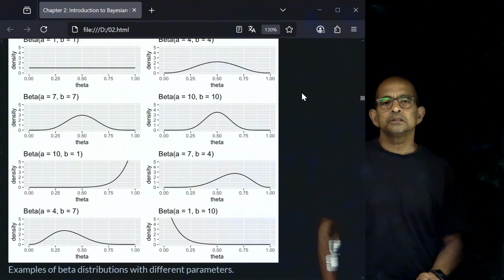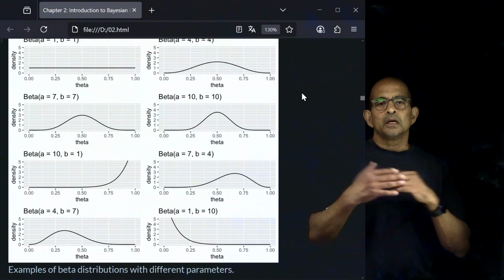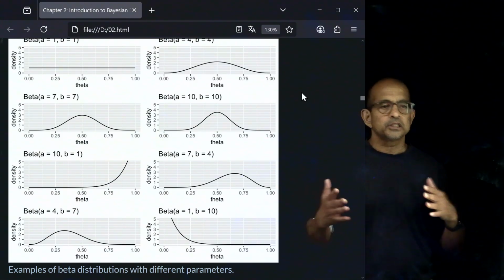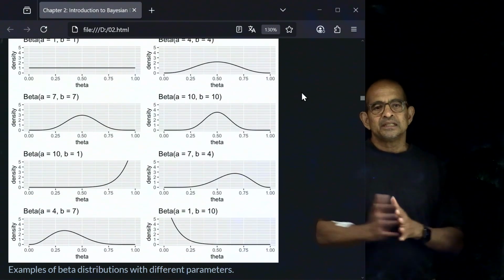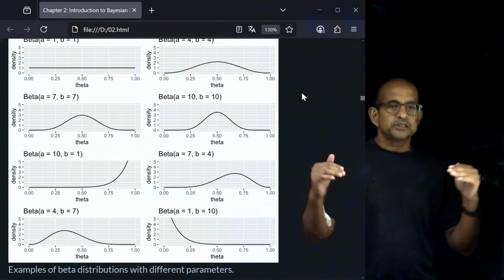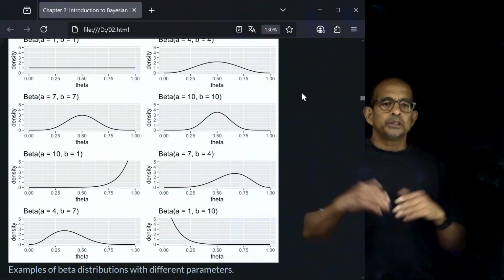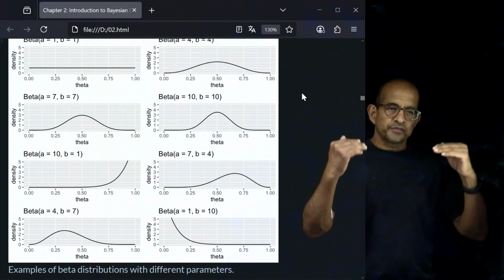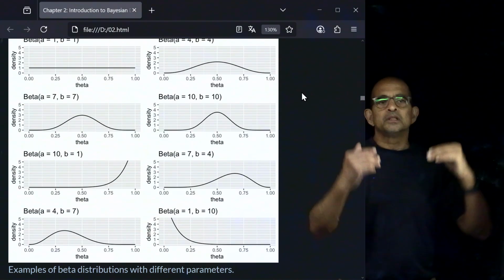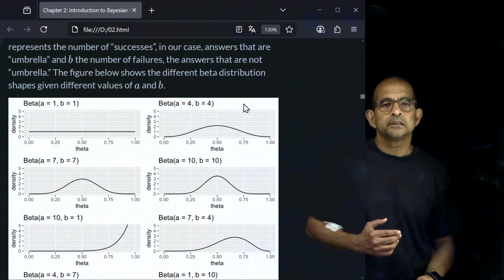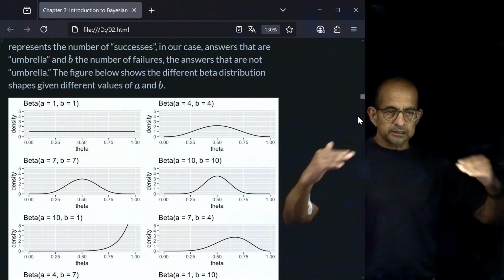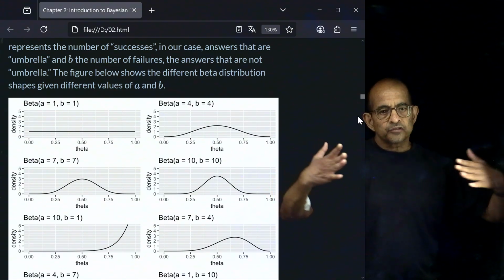All right, so here are some illustrations of what you can get for different parameterizations of the beta distribution, right? If you set the A and B parameters to 1, then you will end up with a uniform distribution. If you increase the values of A and B but keep them equal, for example, A equal to 4, B equal to 4, that's this one here, you will see a symmetric distribution that has a lot of variability in it.